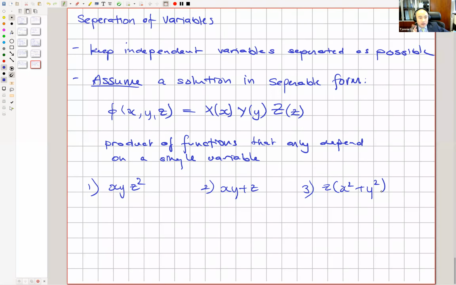Which ones are separable? Okay, first few answers starting to come in.